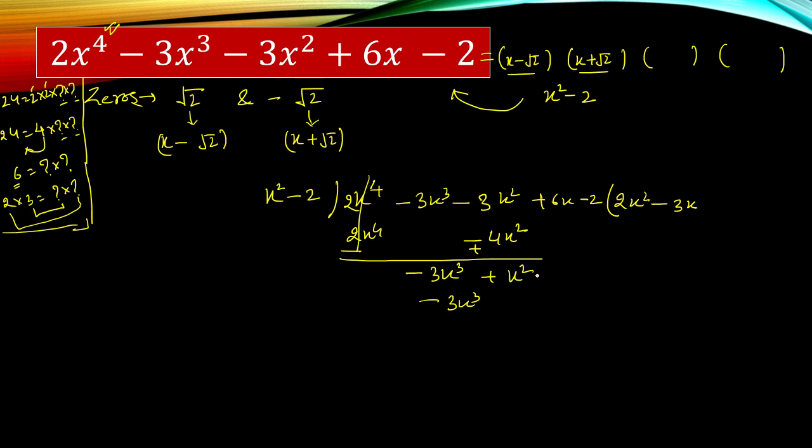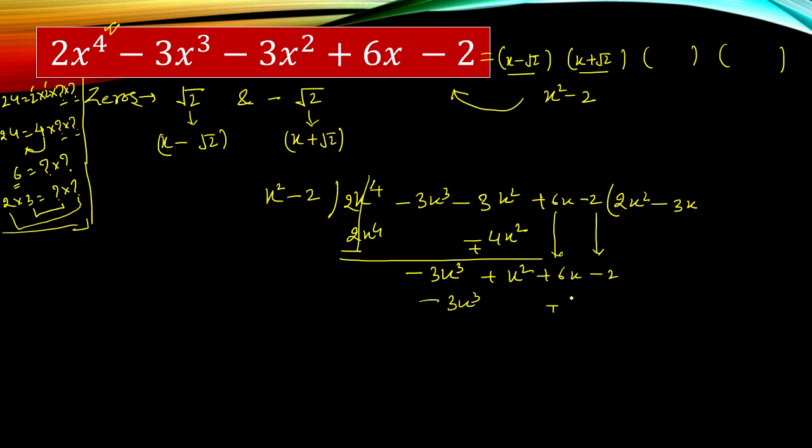I am writing plus 6x here, bringing down this minus 2. Minus 3x multiplied by x square is minus 3x cube, and minus 3x multiplied by minus 2 is plus 6x.